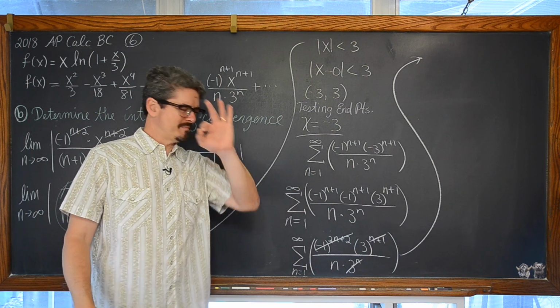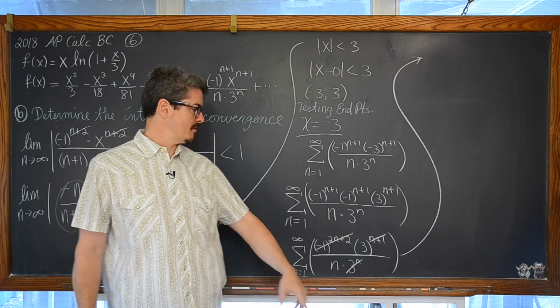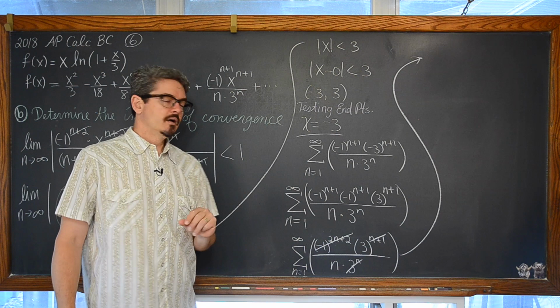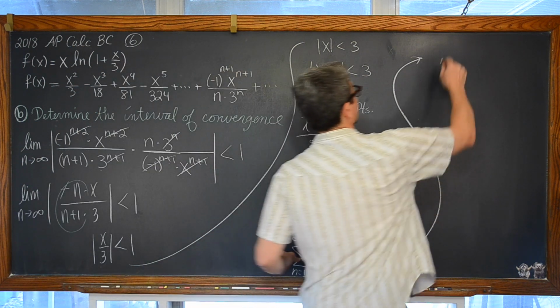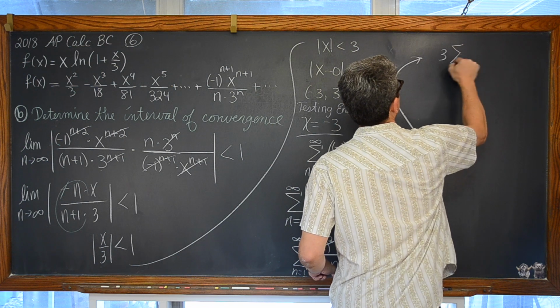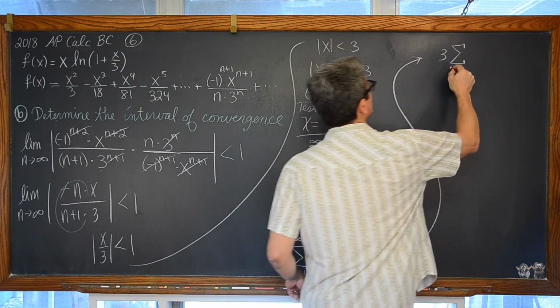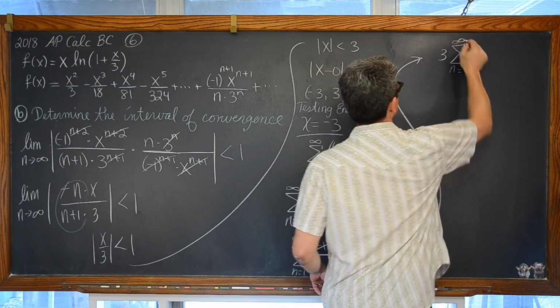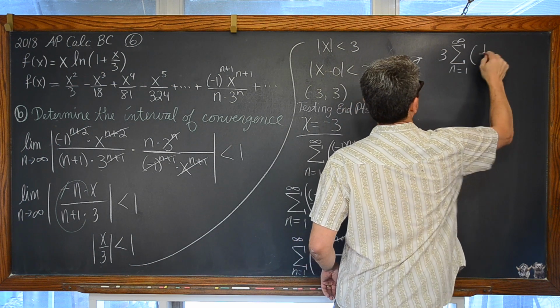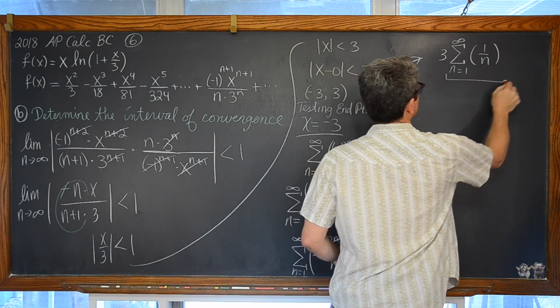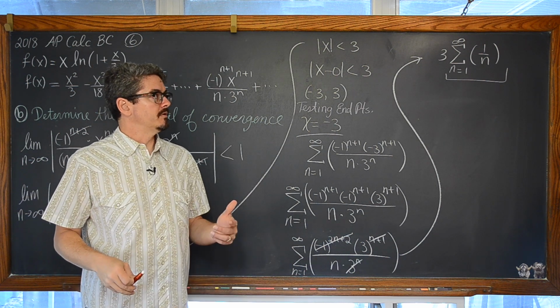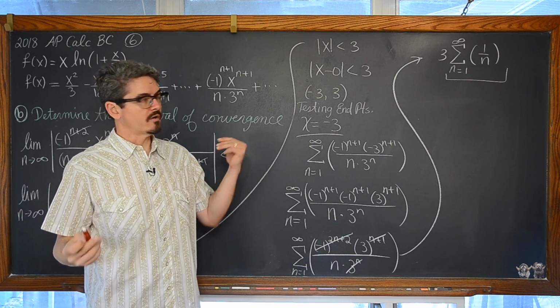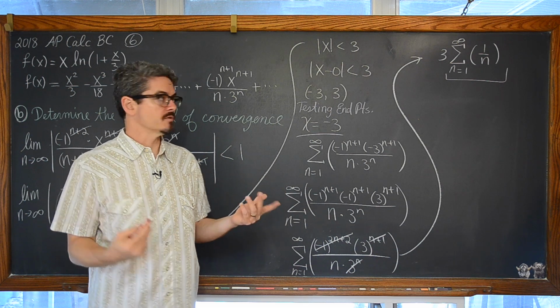Just to make sure it's perfectly clear, we're going to pull this factor of 3 out in front of the sigma notation so that we can see that we have 3 times the summation where n starts at 1 and goes to infinity of 1 over n. Well, that series, the series of 1 over n, is a harmonic series which diverges.